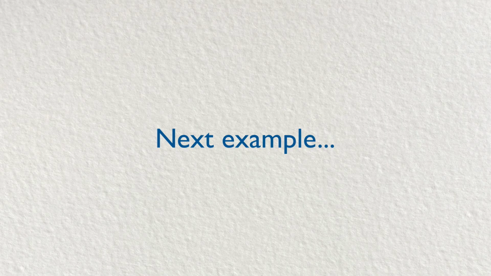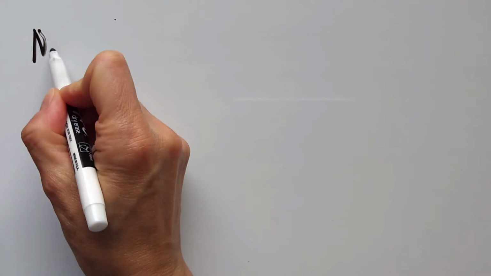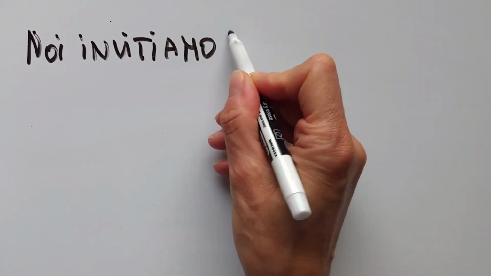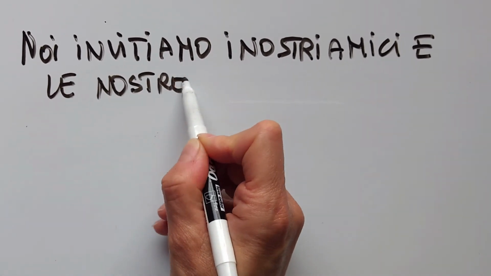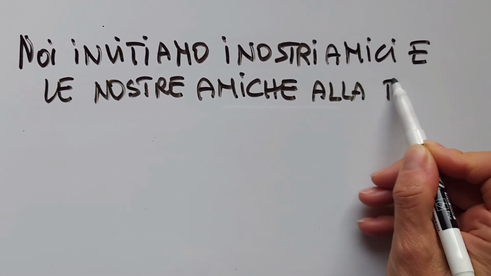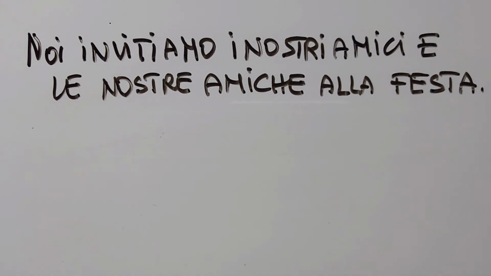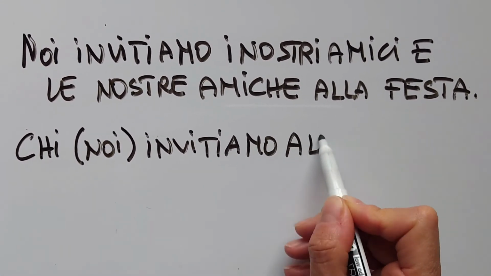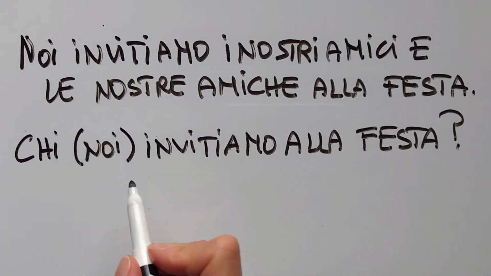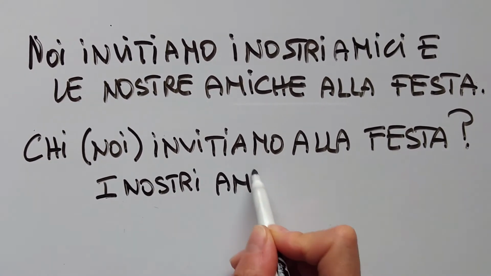Next, let's look at another example. Noi invitiamo i nostri amici e le nostre amiche alla festa. We invite our male and female friends to our party. Chi invitiamo alla festa? Who do we invite to our party? Our female and male friends.